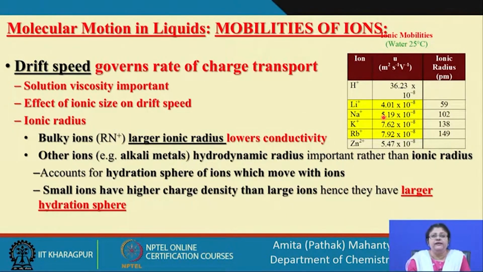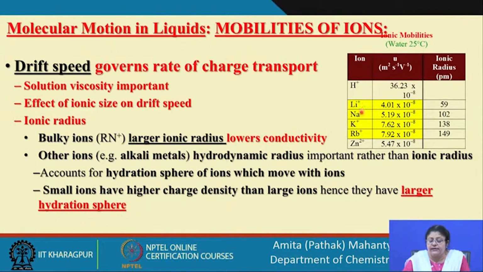So, one thing is, if you have bulky ions, their movement is less. If their movement is less, then the speed is less, so their mobility, u, is less. On the other hand, suppose you have alkali metals like the series we have just discussed. If you can visualize the periodic table, you have lithium, sodium, potassium, rubidium.